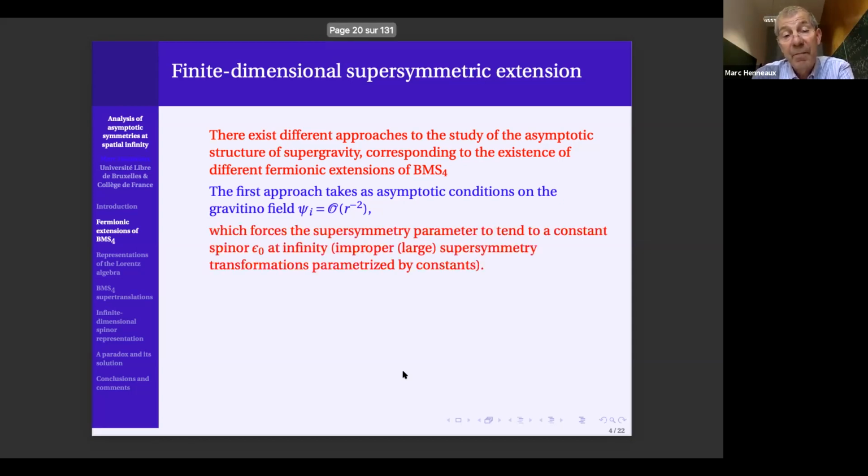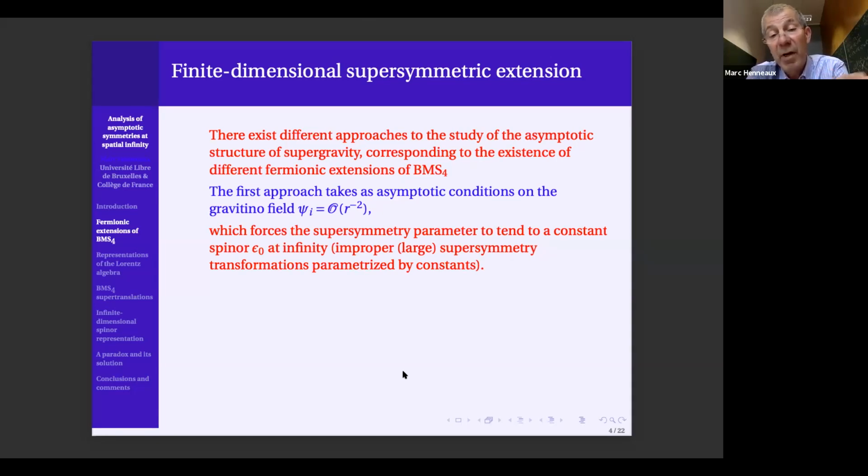it's natural to take the gravitino field to be 1 over r squared, since the surface element goes as r squared. But if you take that, you quickly see that the supersymmetry parameter of the gauge transformations, since psi I, the gravitino field, transforms with the gradient of the supersymmetry parameters, the gradient should go as 1 over r squared. So the supersymmetry parameter itself should go to a constant plus something of order 1 over r.